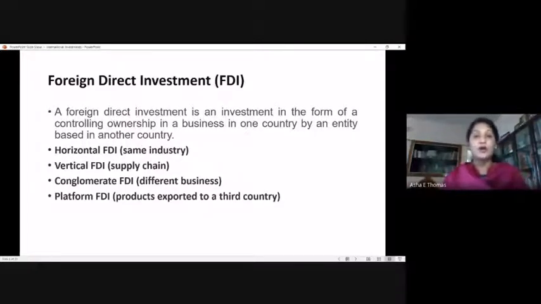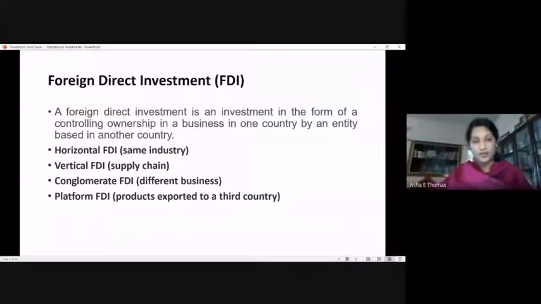So when you enter a foreign country in the same industry, a car manufacturing company entering the Indian market with the same business through direct investment in the capital of a company, that is foreign direct investment. Maruti Suzuki was a venture which came up but later left. So horizontal FDI means you're entering the same kind of business in a foreign country.